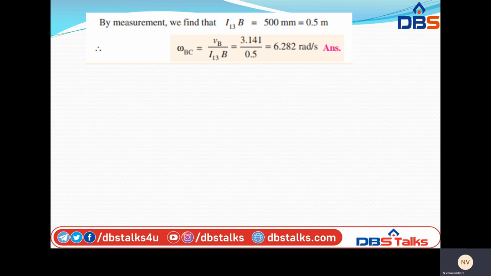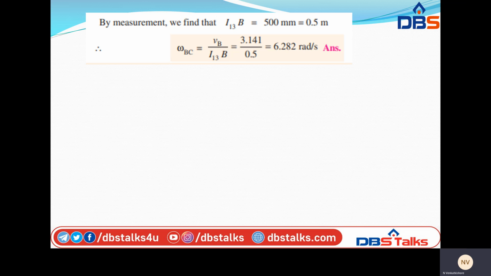By measurement, we found that I13B is equal to 500 mm, that is 0.5 meter. So omega BC is equal to VB by I13B, that is 3.1417 by 0.5, which is equal to 6.282 radians per second.